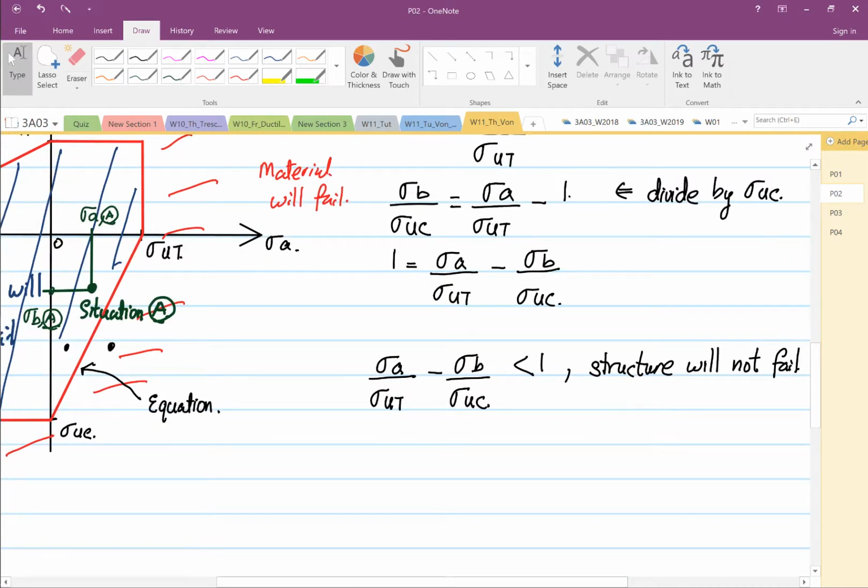And if stress A over stress ultimate tensile minus stress B over stress ultimate compression is greater than 1, then you're in trouble. The structure will fail.